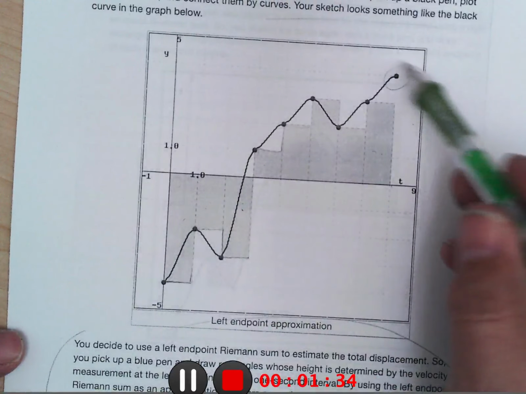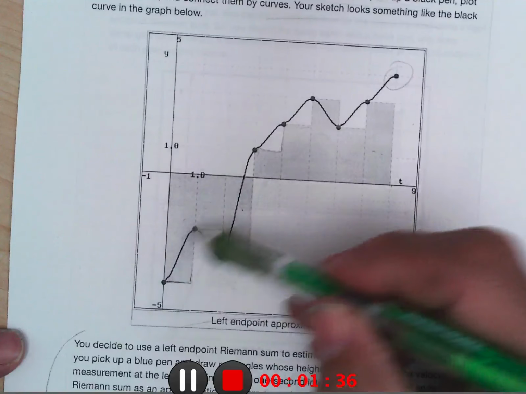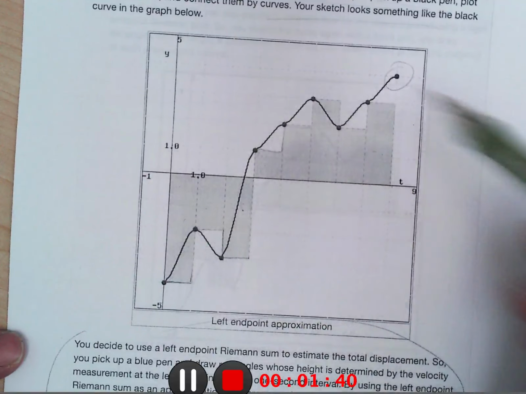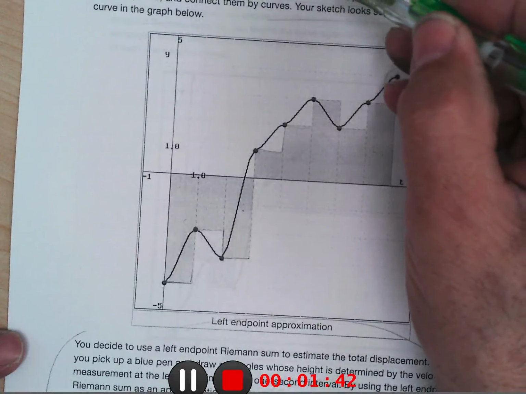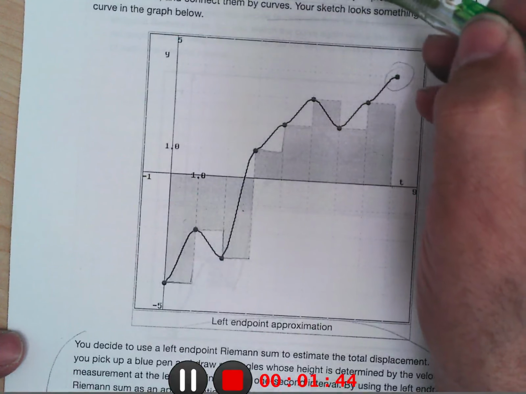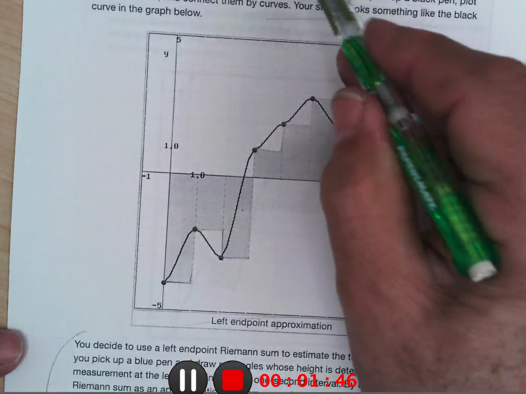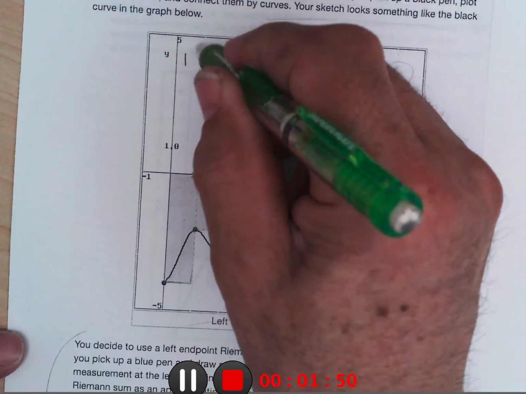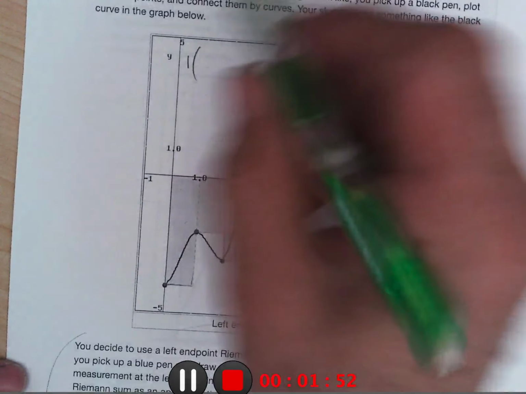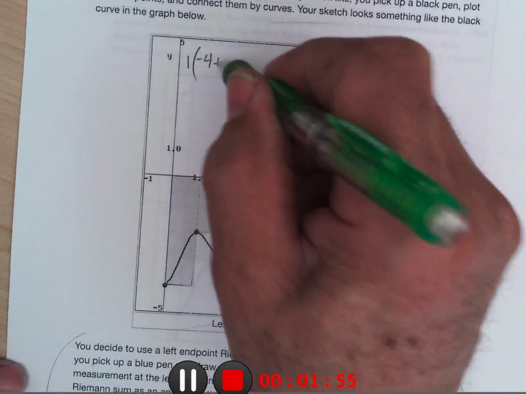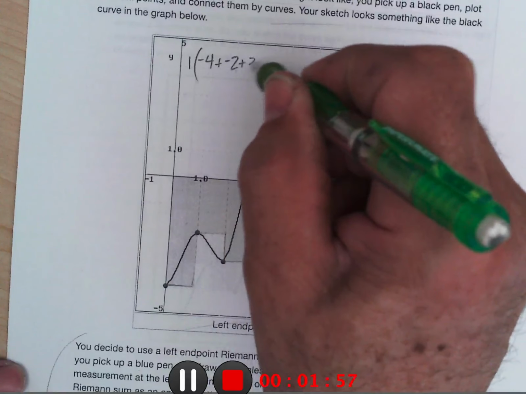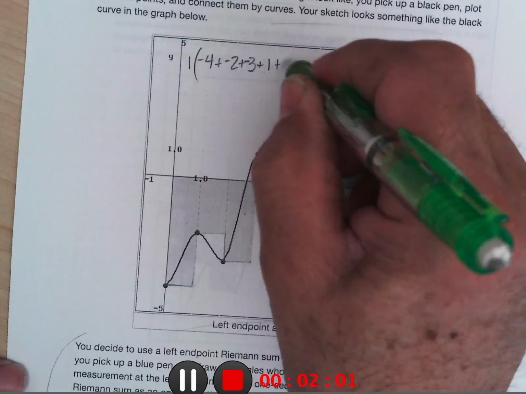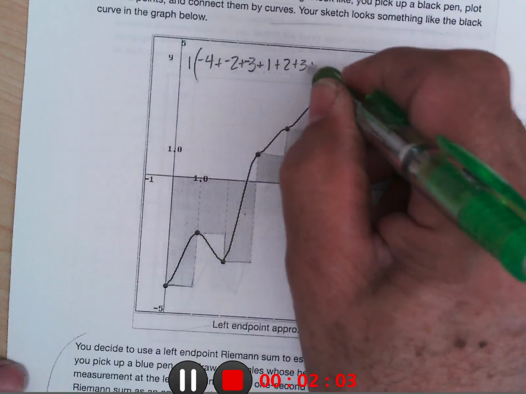The heights are going to be the first, second, third, fourth, fifth, sixth, seventh, and eighth one, and not the ninth one. The width of each interval is 1, so it's going to be 1 times -4 plus -2 plus -3 plus 1 plus 2 plus 3 plus 2 plus 3.